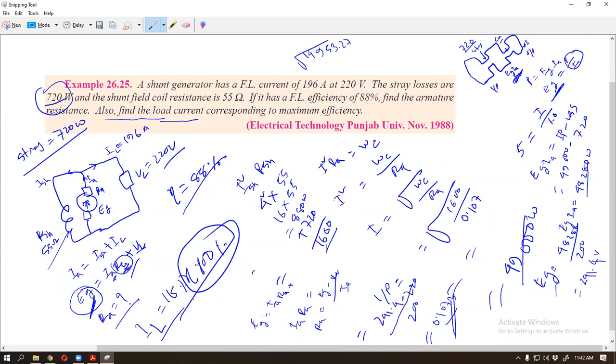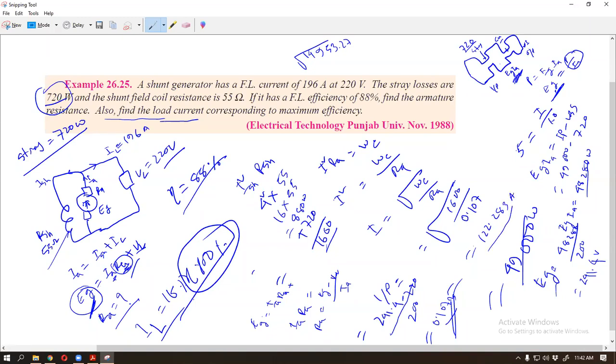The root over, I saw, by 122.128. Yes, this is your result, 122.128.